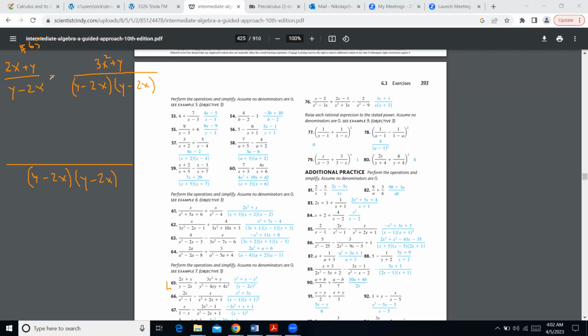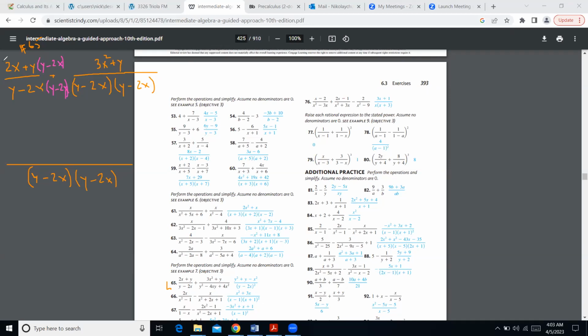So now here's my goal on the bottom of the second fraction. So I need to have y minus 2x multiplied by the top and the bottom of my first fraction.